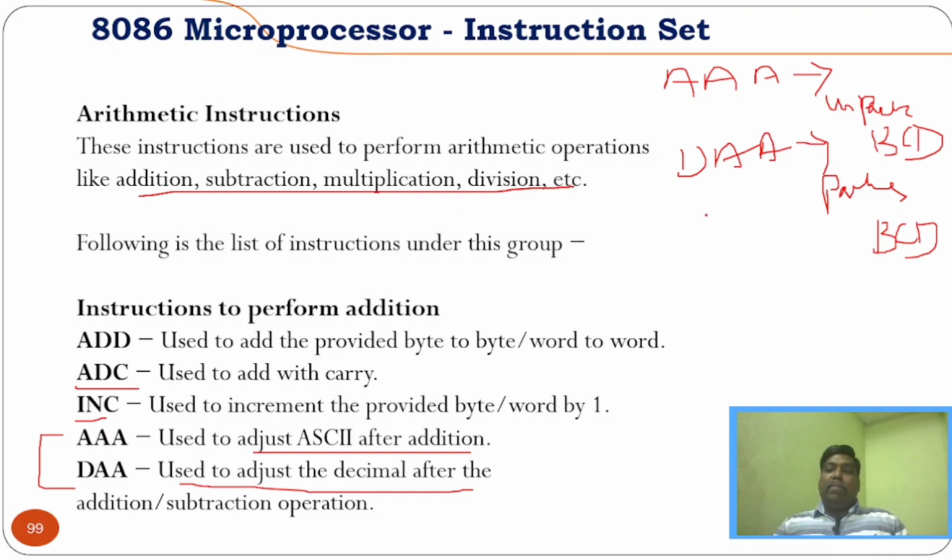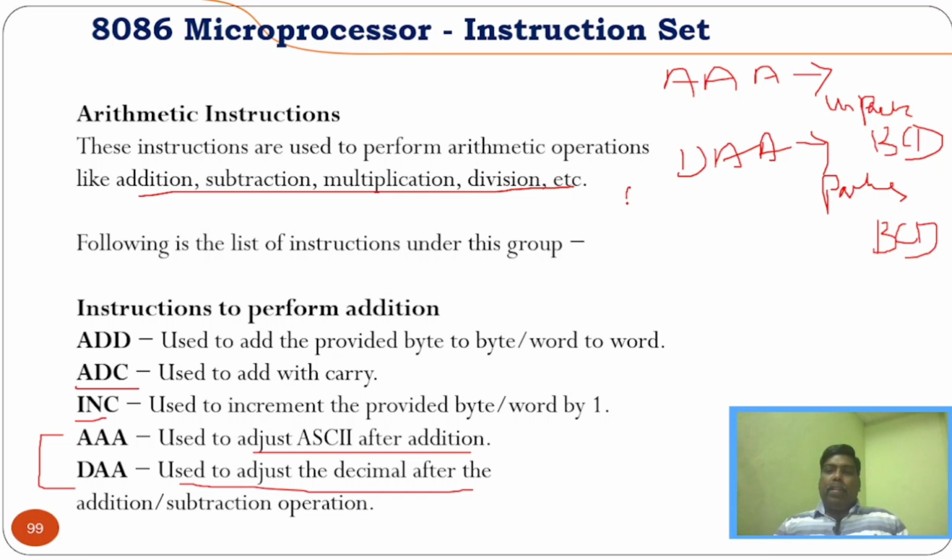We know that normally we have a BCD format, binary coded decimal, where whenever the result exceeds 9, we will be adding 6 to it, right? So what is unpacked BCD? In unpacked BCD, you will be having only the lower nibble.